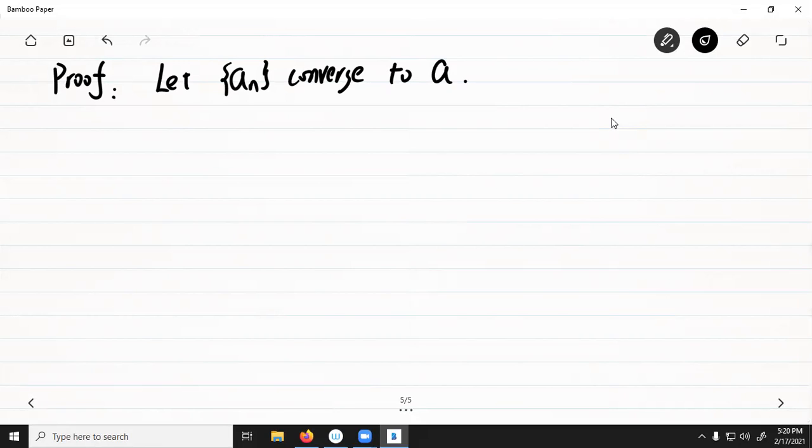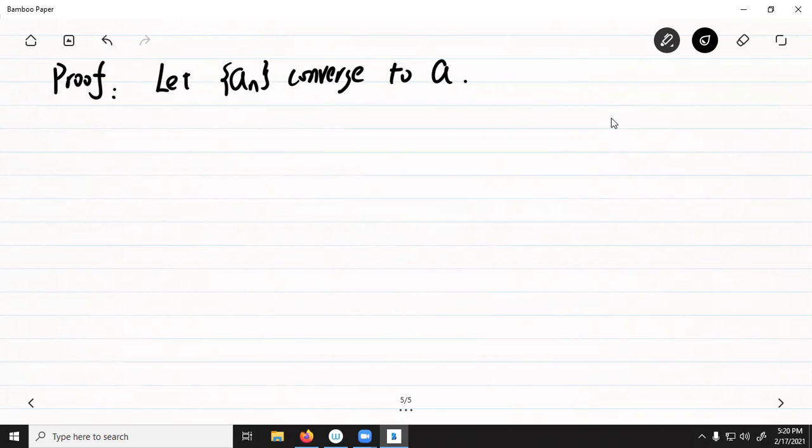Okay. So now we need to look at the definition for the convergence of sequence. That means for any epsilon greater than 0, there exists a capital N. Right? When lowercase n is greater than or equal to this capital N, this AN minus A should be less than epsilon. Right? This is the definition.